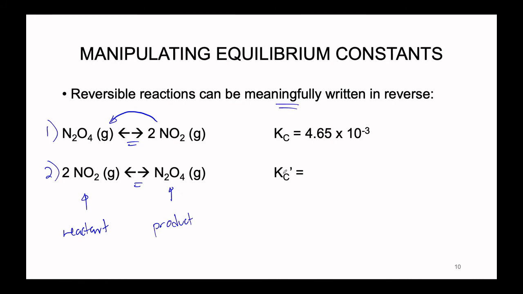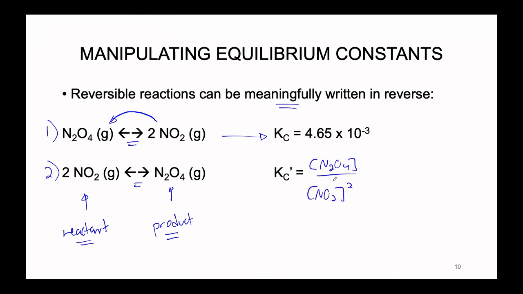And since your equilibrium constant is always going to be a ratio of product to reactant, in reversing our chemical equation, this is also going to change how we see our equilibrium constant. The equilibrium constant for the first situation, our Kc, we found was equal to 4.65 times 10 to the negative 3. If we reverse the reaction, our new Kc is equal to the concentration of our product, N2O4, divided by the concentration of NO2 squared.